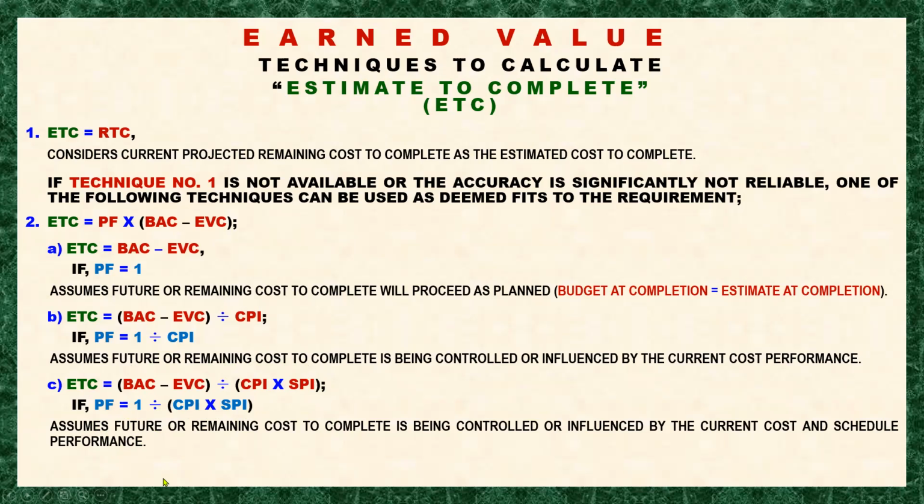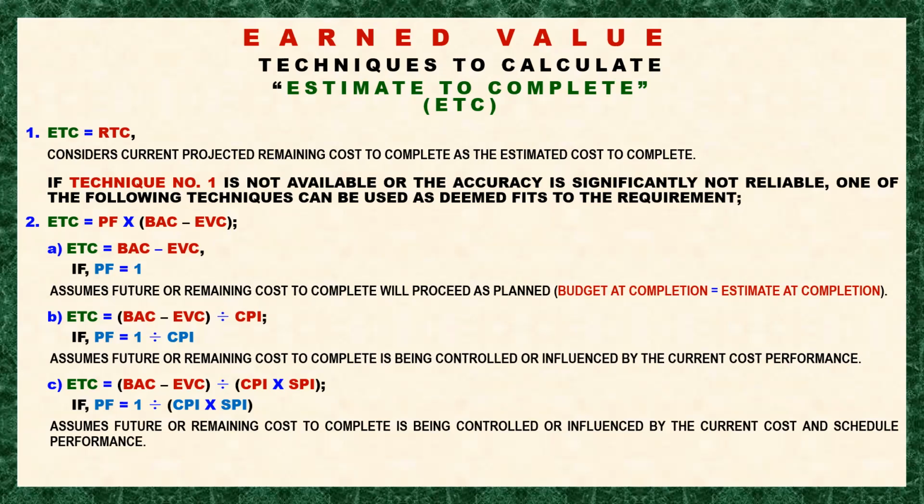In this technique, it assumes the future or remaining cost to complete is being controlled or influenced by the current cost and schedule performance. The current trend of the cost or expenditure and the schedule performance are being considered to influence the remaining work performance. So if we are more concerned with both the cost and schedule outcome of the next or future period, then we have the motivation to choose this technique.